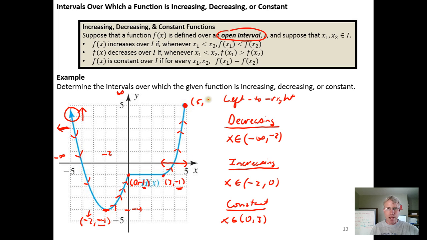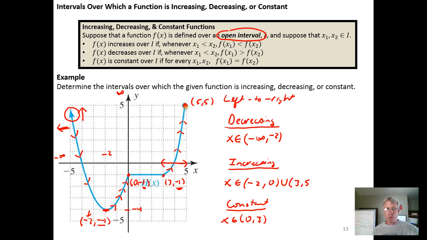There's the input 5, output 5. So the function's increasing between 3 and 5. So I'm going to add on to this right here where I'm identifying where the function is increasing. I'm going to say union. There's another interval over which the function is increasing. Union. It is increasing on the interval from 3 to 5.